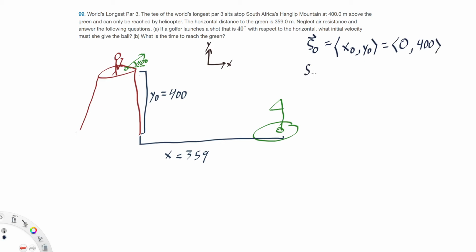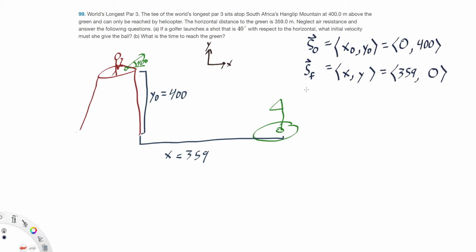And then our final position will be, again, some coordinate in the x, some coordinate in the y, but we're going to end up 359 meters to the right of where we started, and we are going to end up at height 0. So here we've implicitly said that the green is at height 0, and the tee is at x equals 0.